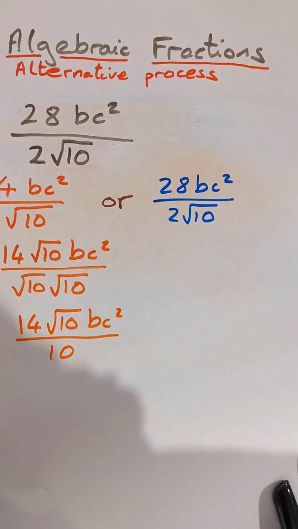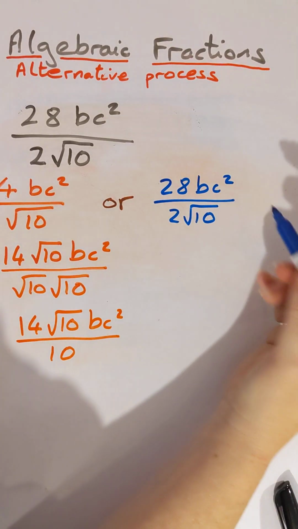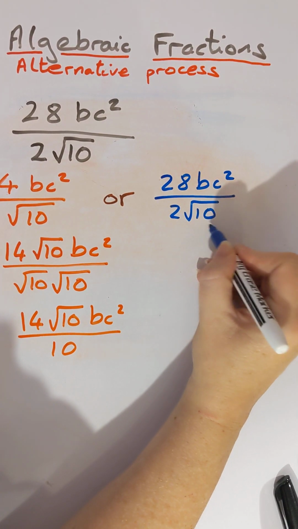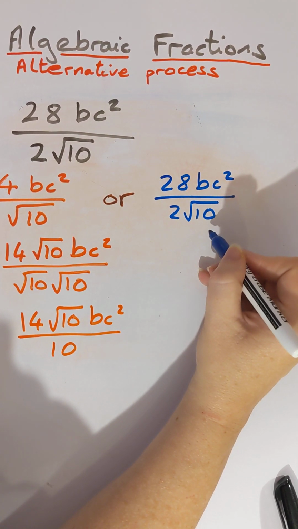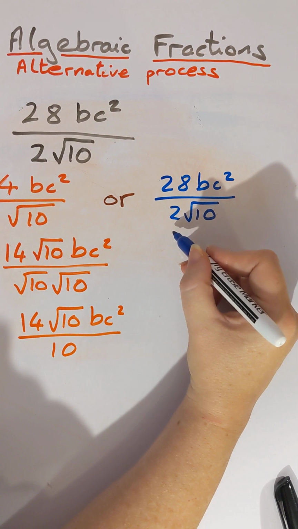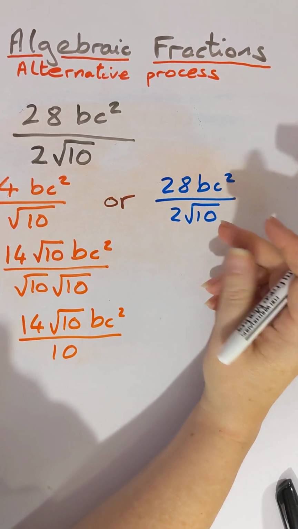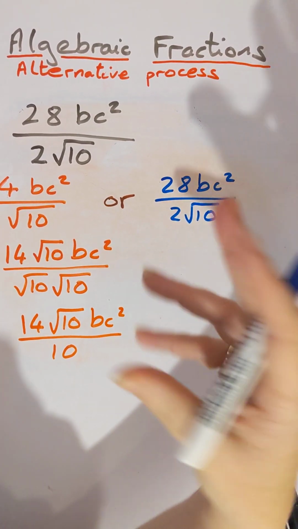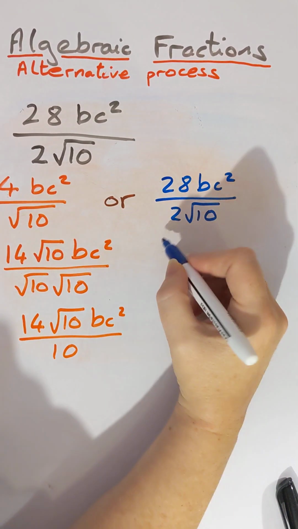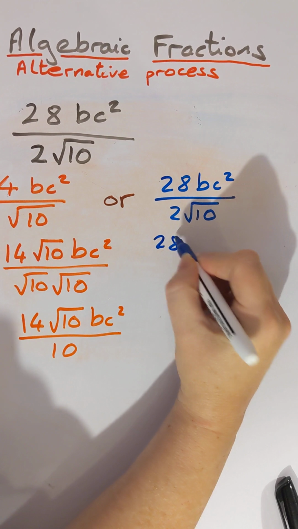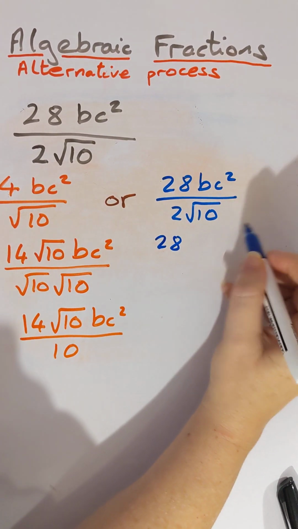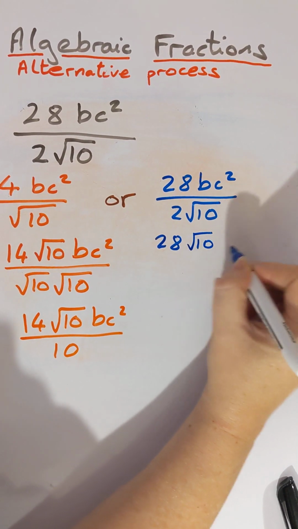If we'd looked at the other side, the other method, remember we're only multiplying by the square root bit. We're leaving the number as it is. And that's because we don't need to scale everything up and then have to scale it all back down again. So 28 times in by root 10.